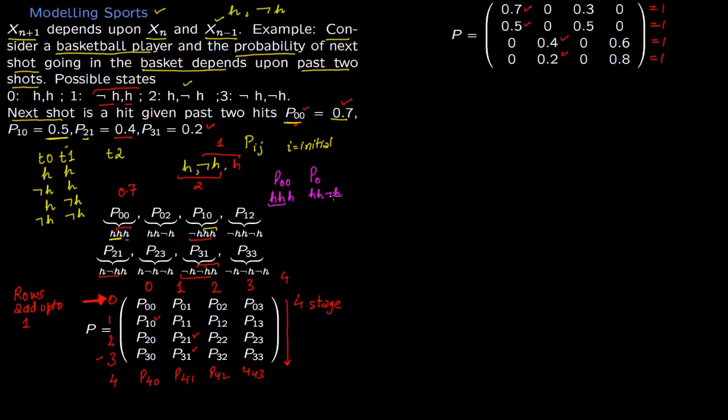So this HH corresponds to 0, and H not H corresponds to 2. So P02 is H not H. So 0 is HH and 02 is H not H, and P02 lies right here. So this P02 would be 0.3. So 0.3 is the complement of 0.7. So 1 minus 0.7 is 0.3.